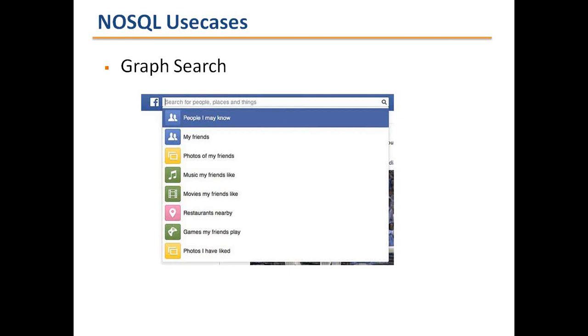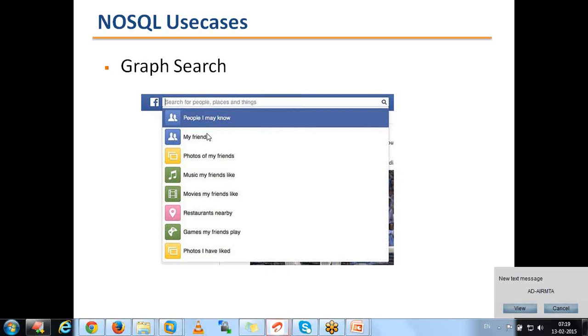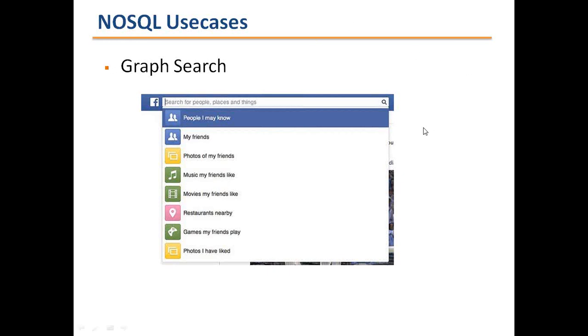Maintaining the relations between these amounts of data across different tables is very difficult, and it takes a lot of time to perform join operations on such large volumes of records.